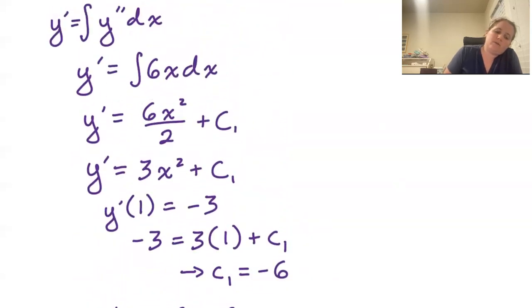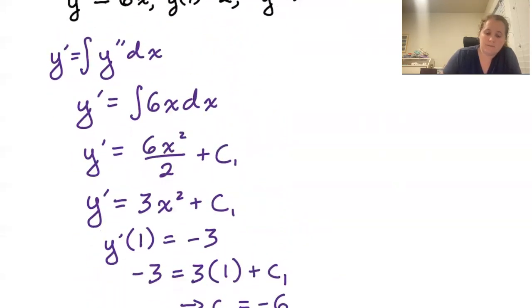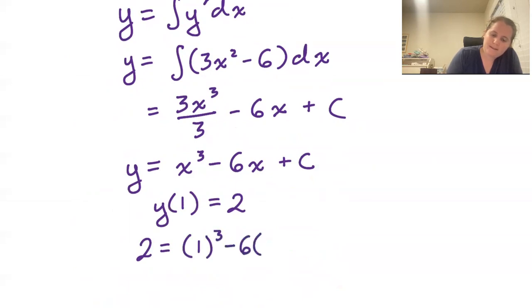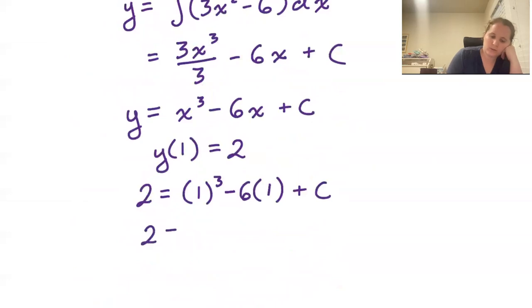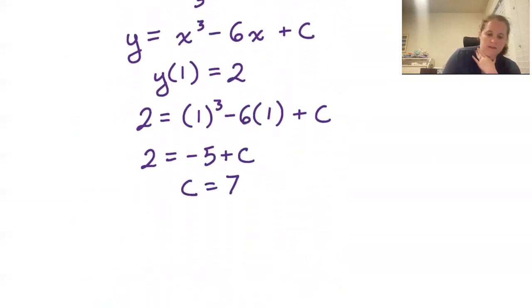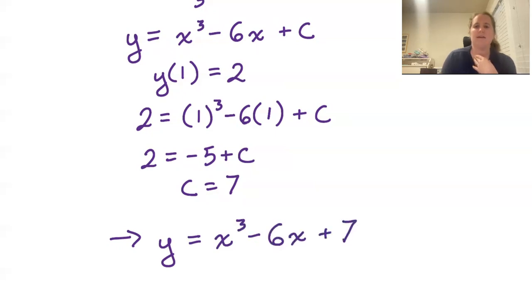Finally, we were told that y of 1 was equal to 2. So we have 2 is equal to 1 cubed minus 6 times 1 plus c, or 2 is equal to -5 plus c, making c equal to 7. So we wind up getting then that y is equal to x cubed minus 6x plus 7.